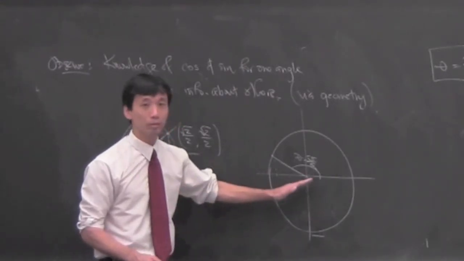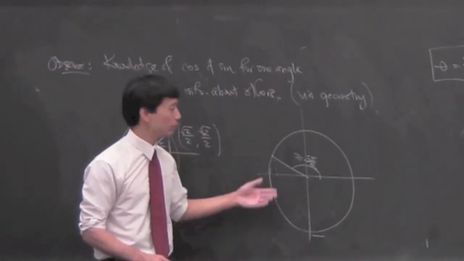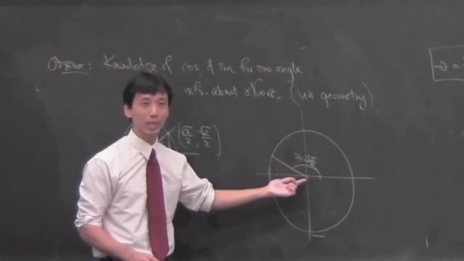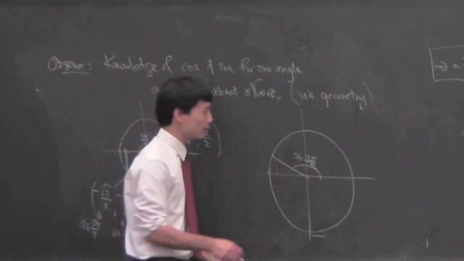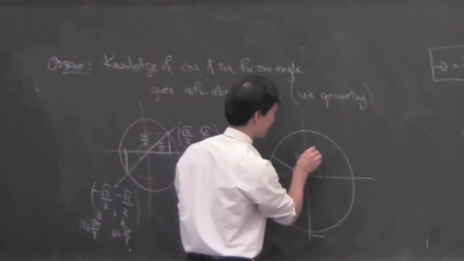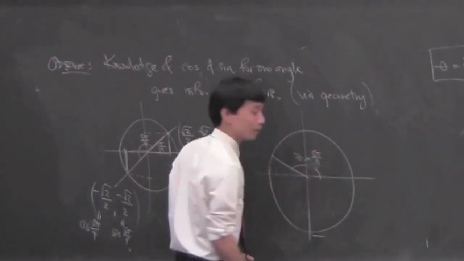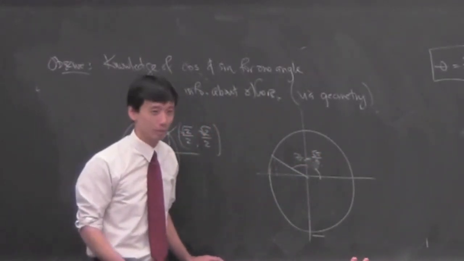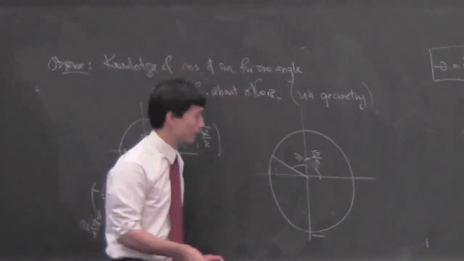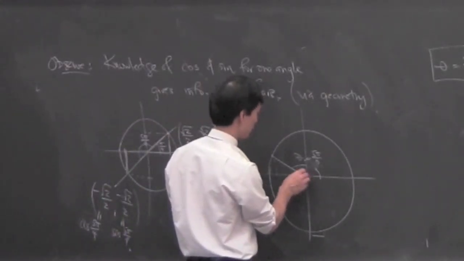Well, what are we going to relate this back to? That's a pi over 6. Well, we know that cosine is going to be negative, but sine will still be positive.